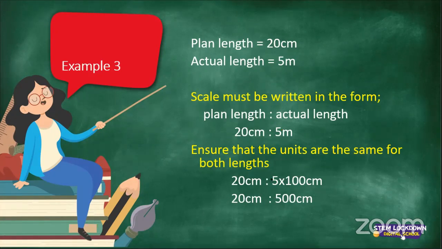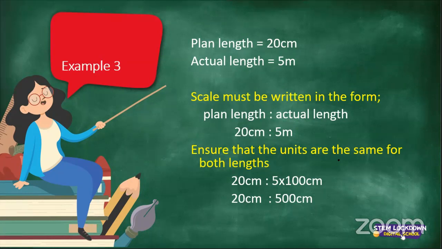So now, because the scale cannot have units, that means you need to cancel off your units. That means before I cancel them off, they must be the same. So it's easier to leave 20 centimeters in centimeters, and I'll be converting the 5 meters to centimeters.